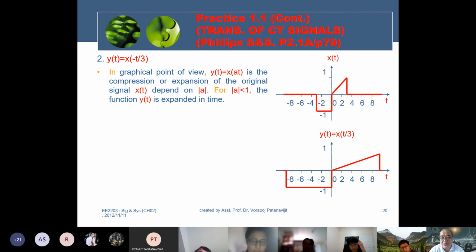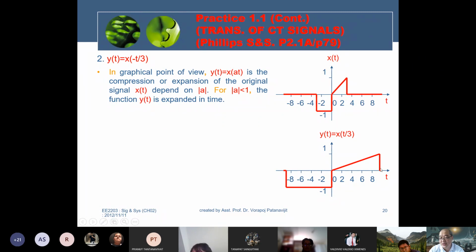In this case, absolute a is less than 1, equal to 1/3. Therefore, the function y(t) will be expanded, 3 times. You can see that the peak of this signal will be reached at time equal to 3 seconds.